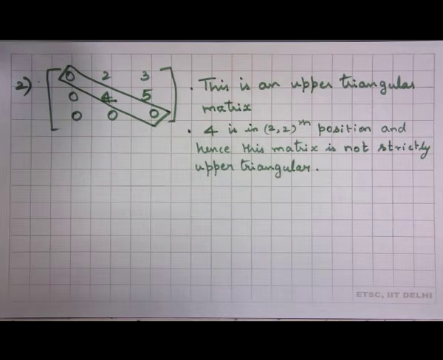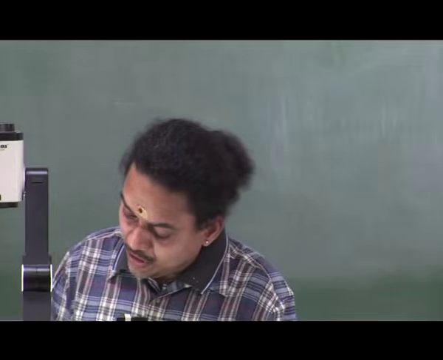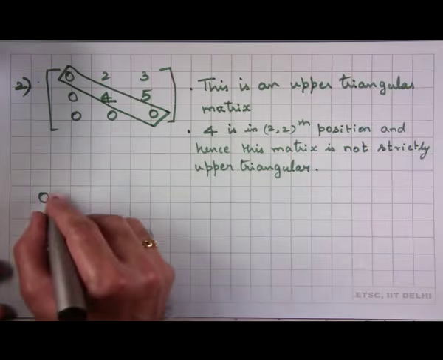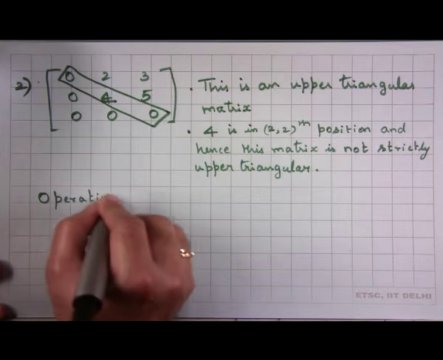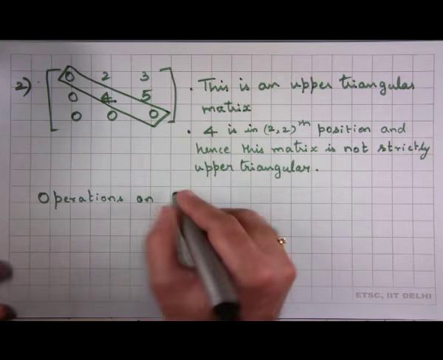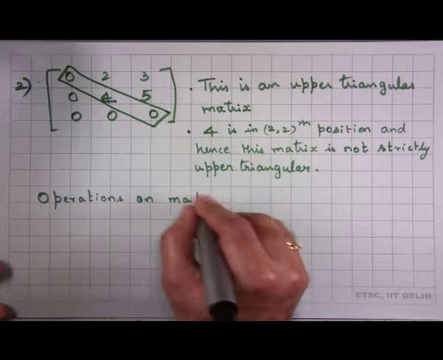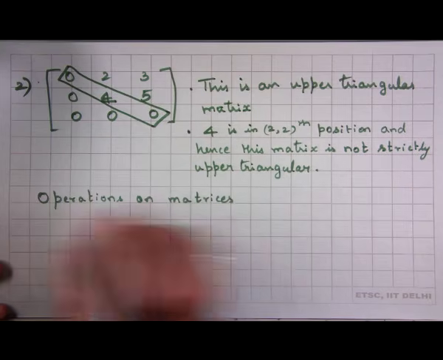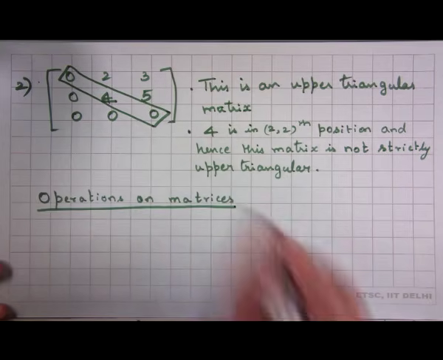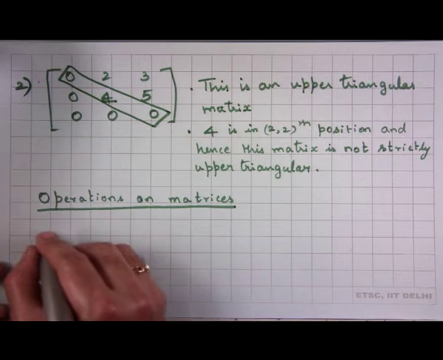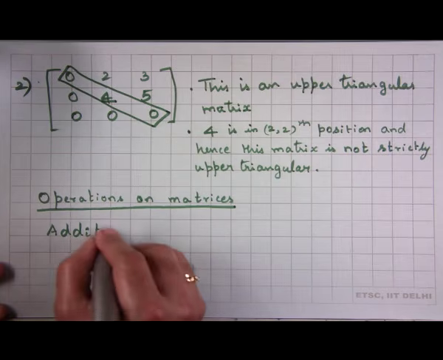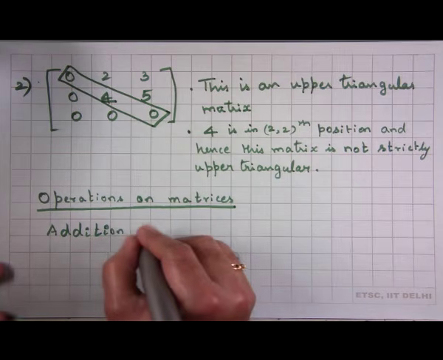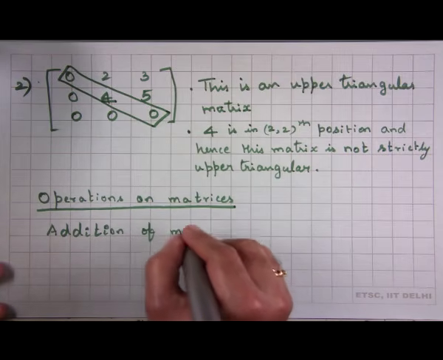So, having said about the types of matrices, now let us try to do some operations on matrices. First one is what is known as addition of matrices.